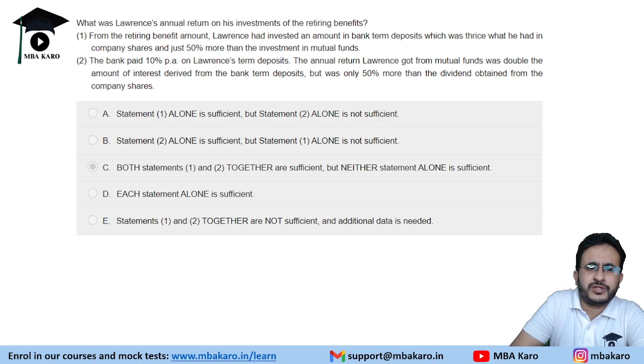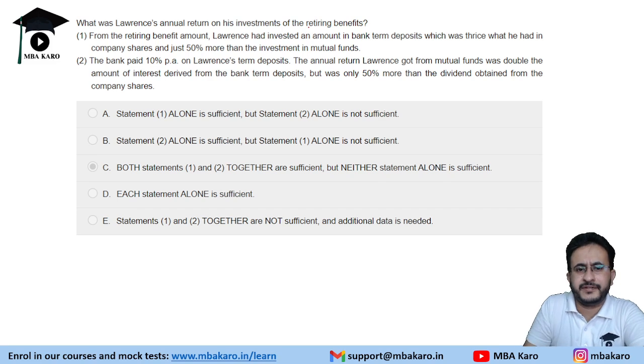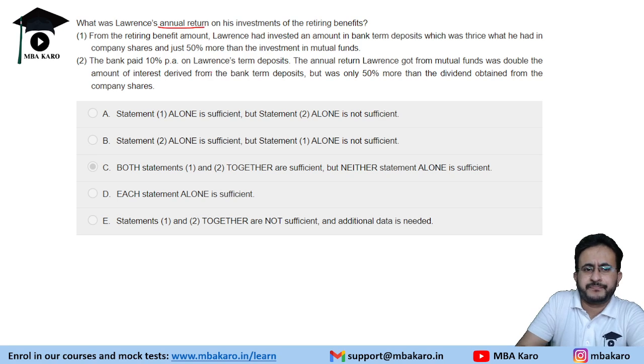It says, what was Lawrence's annual return on his investment of the retiring benefits? So we need to find his annual return on his investment. Now, first says from the retiring benefit amount, Lawrence had invested an amount in bank term deposits, which was thrice what he had in company shares and just 50% more than the investment in mutual funds.